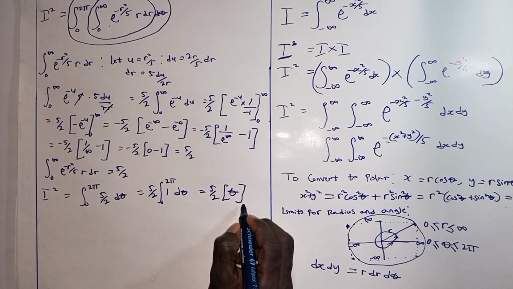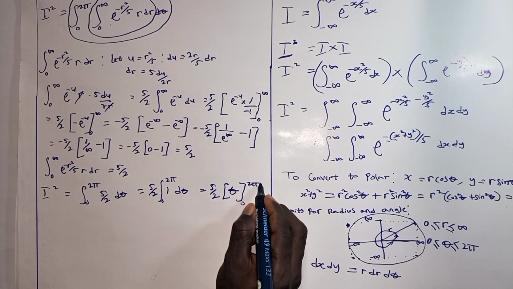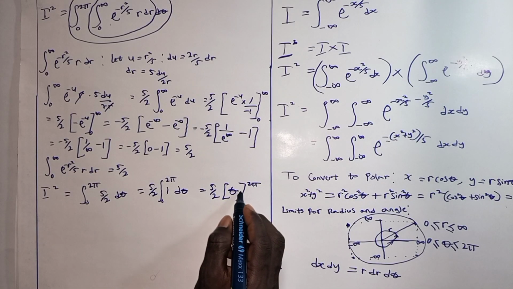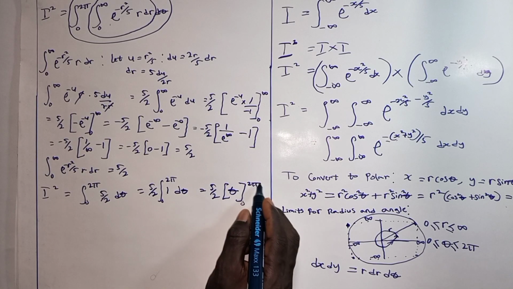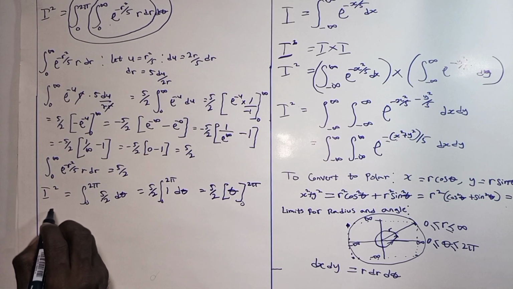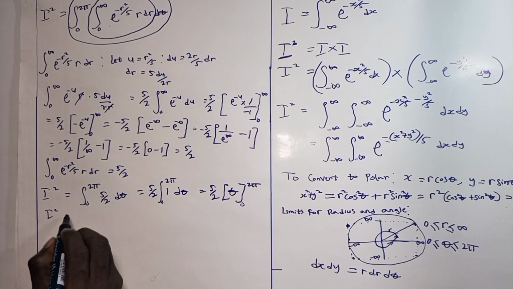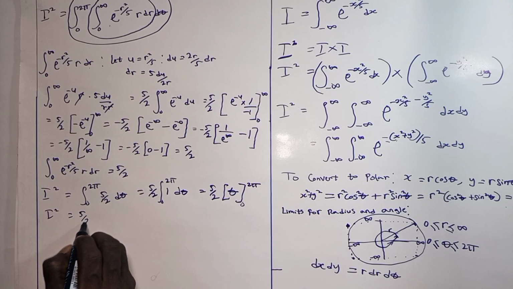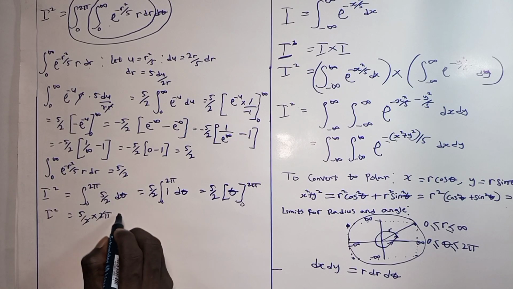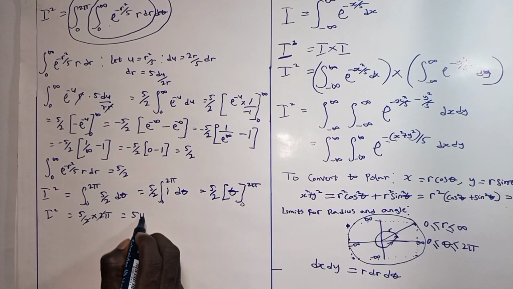So this limit is 0 to 2 pi. Insert it. This will give us 0 automatically, so I am left with 2 pi. So I square now gives us 5 over 2 times 2 pi, which equals 5 pi.